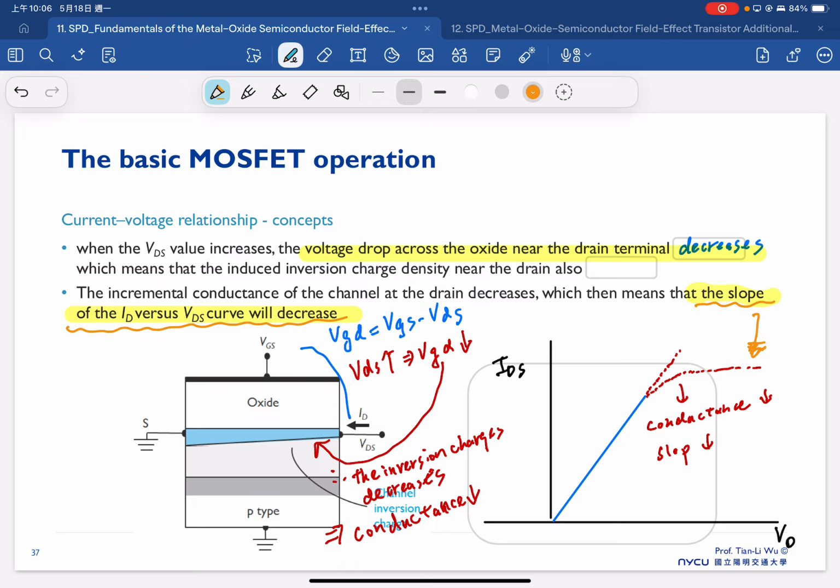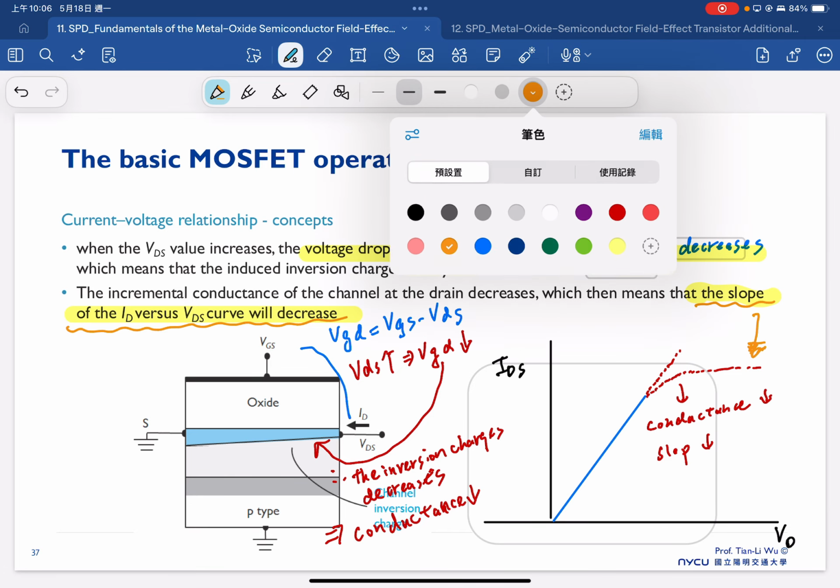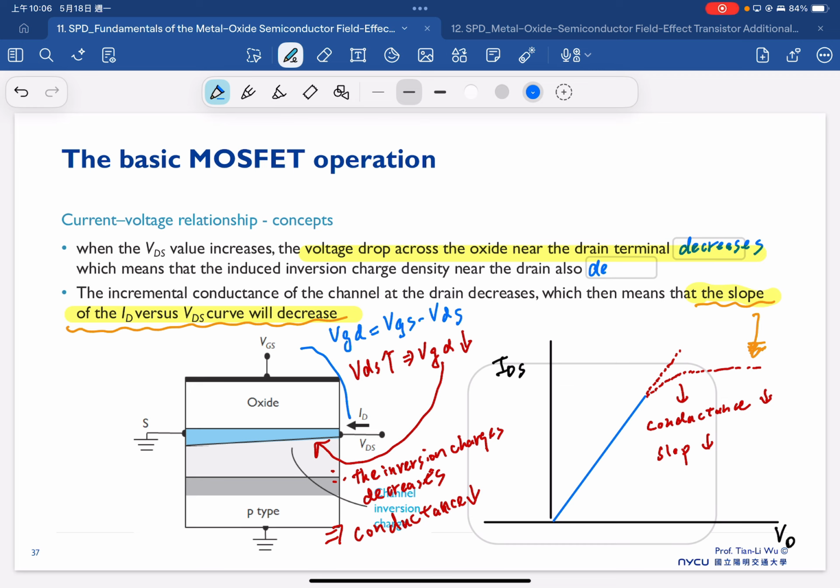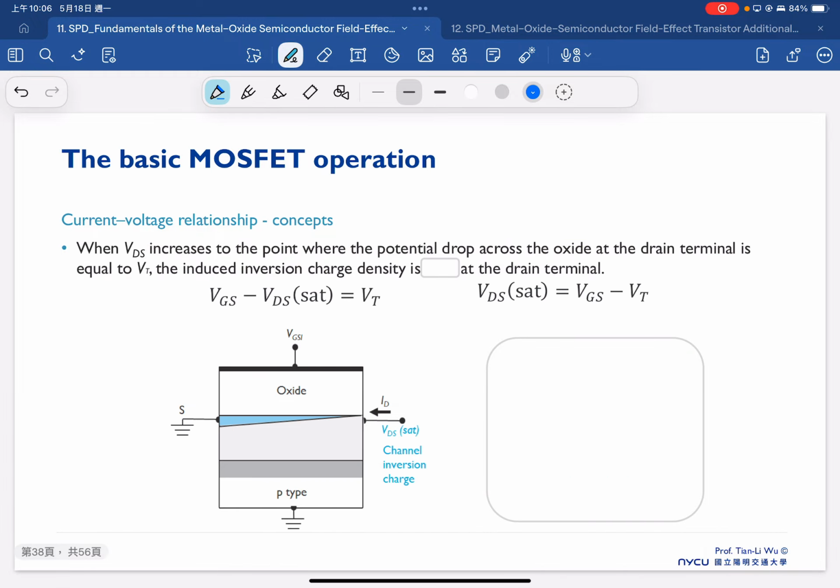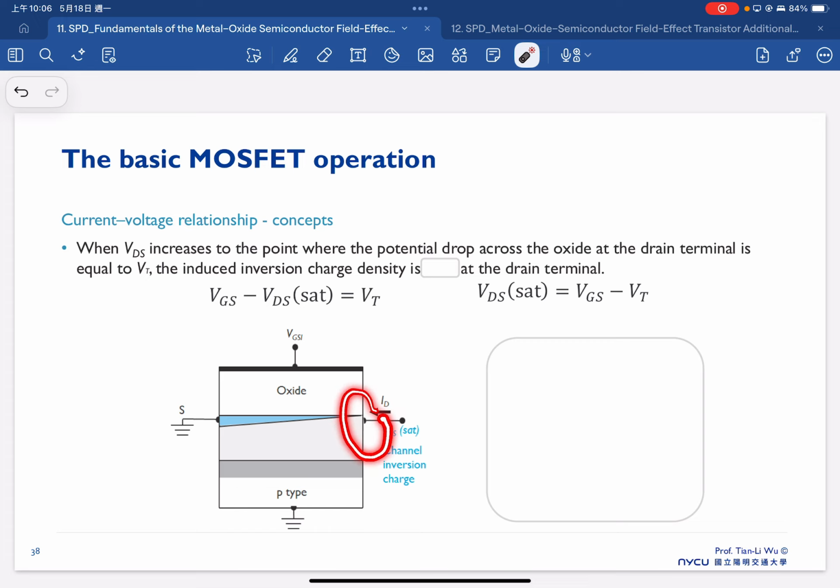So we are interested in continuing to increase the drain bias and see what happens. If you continue to increase the drain bias here, you could reach a point where the potential drop across the oxide at this point becomes zero.